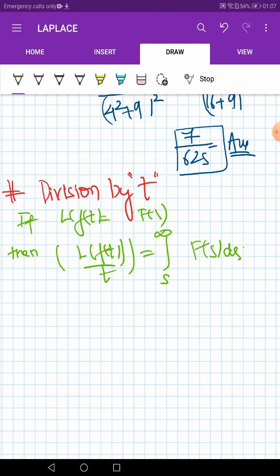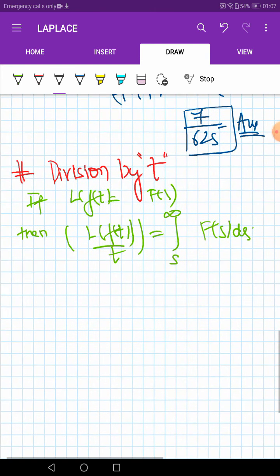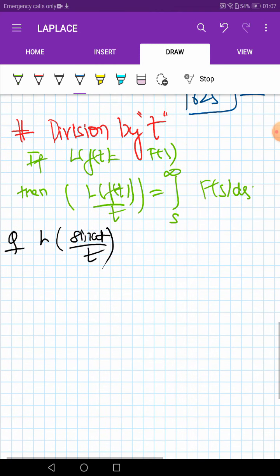Okay, let us understand this concept with an example. The question is, you need to find the Laplace transformation of sin at by t. So in this question your f of t will be equal to sin at.